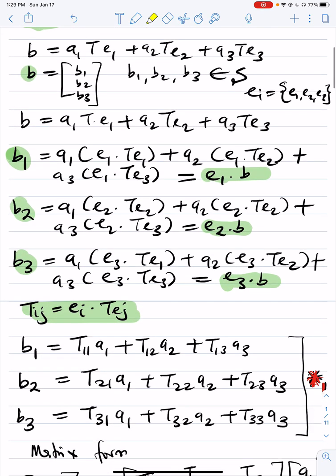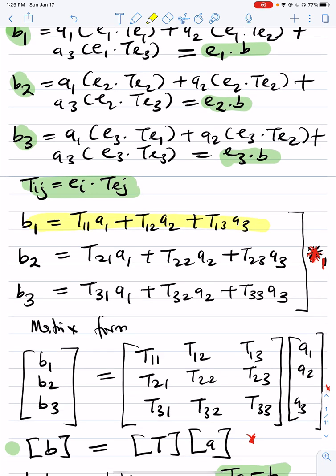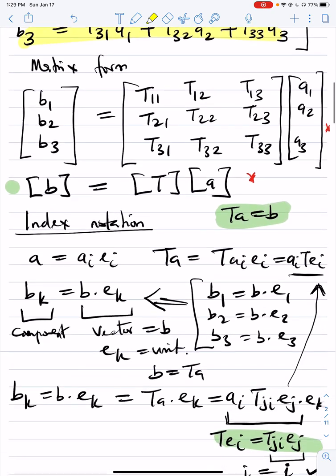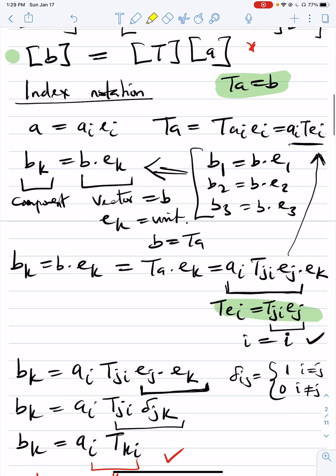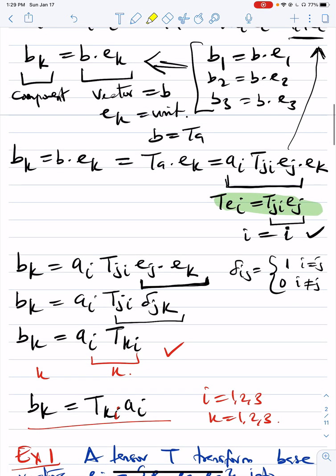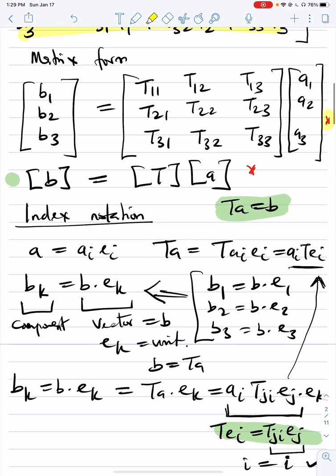We had lots of long expressions, right? But with indicial notation, it was quite short, and we were able to arrive at a simpler notation. And if you substitute all these values, you will get the same values you had gotten at this point here.